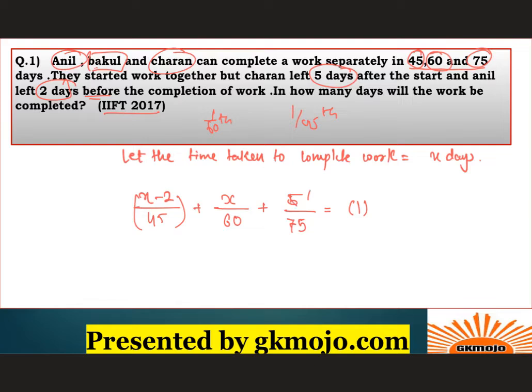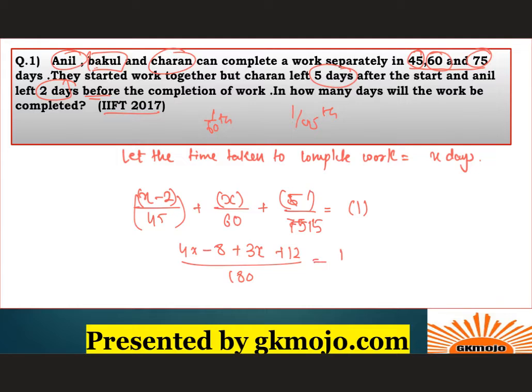Solve this. If you take the LCM below, you'll get (4x minus 8 plus 3x plus 12) upon 180. What we have done is made the denominator 180, and accordingly multiplied the numerator by the factor by which we are multiplying the denominator.